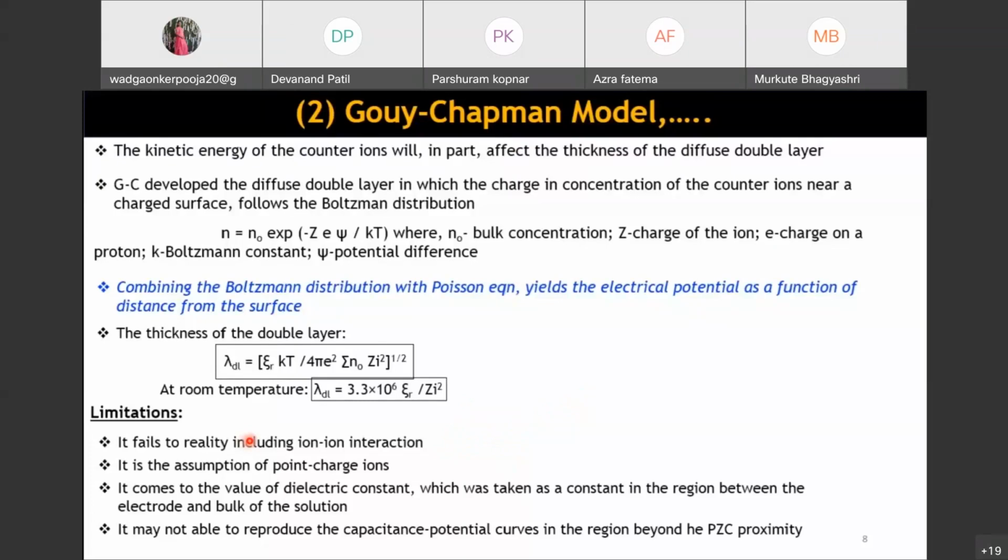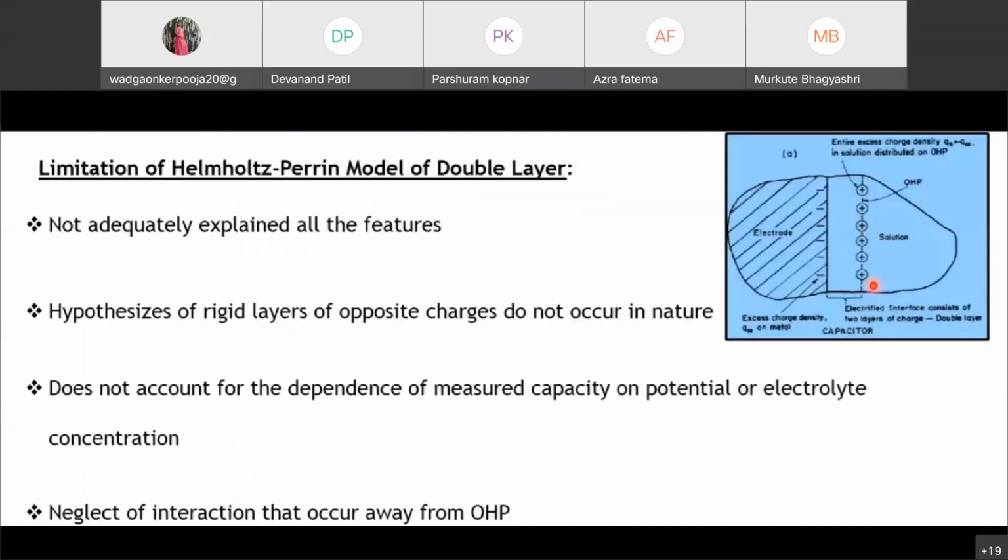Wait a minute. Let me check. These are nothing but the limitations of the Helmholtz-Perrin double layer model. I think I forgot to show you. I forgot to share with you. Just pause the recording and you can check these limitations.